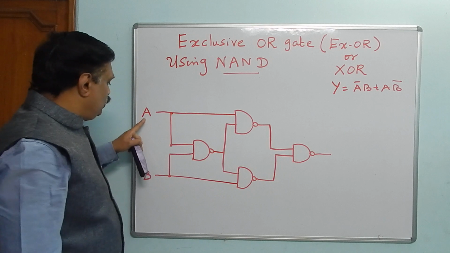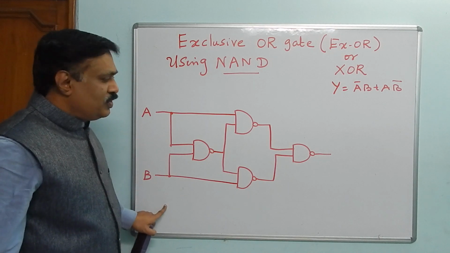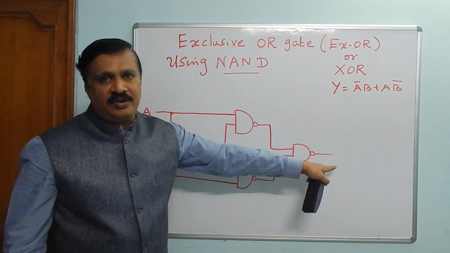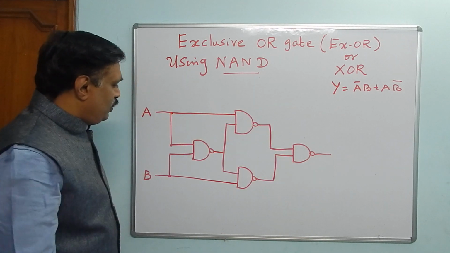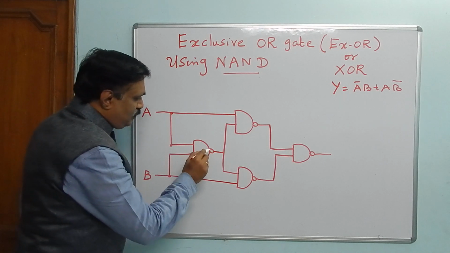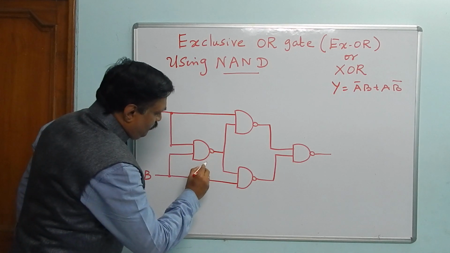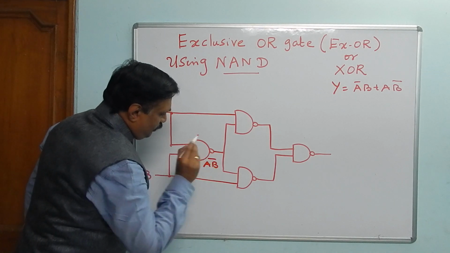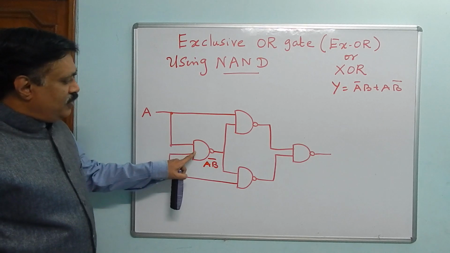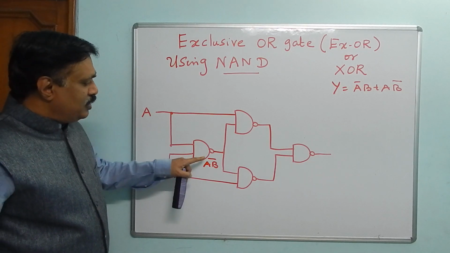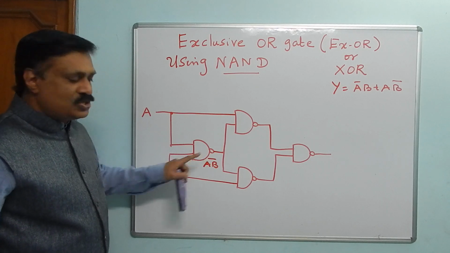We are giving two inputs A and B, and how we are getting this equation here, let us check. Now carefully watch. This is a NAND gate. Therefore here you are getting AB bar. Okay. AND gate means AB and NAND gate means AB complement.